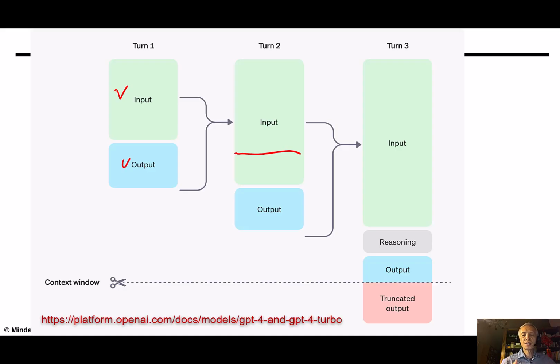However, when you send the follow-up prompt, the previous input or prompt and the response and output from the first turn of conversation will also be sent to the system for it to generate output.